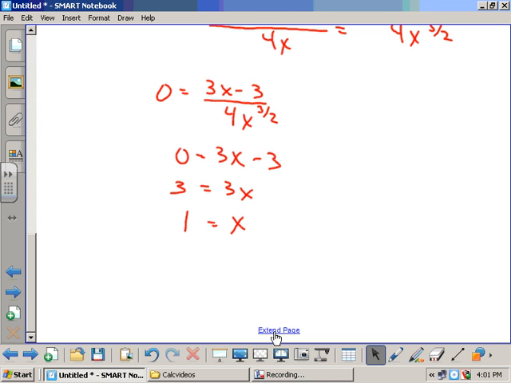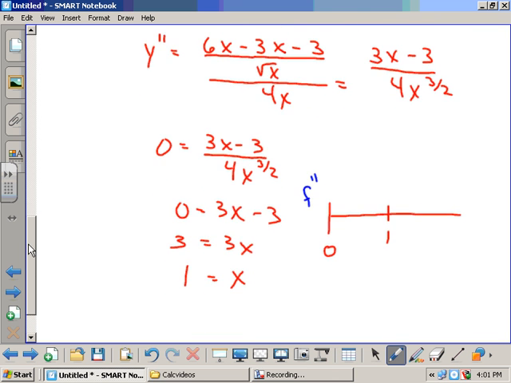So next we'll create our number line. This is, again, just to help me stay organized. I know I have to start at 0. The function is not defined for anything less than 0, and 1. We're going to plug test points into my second derivative to determine concavity.